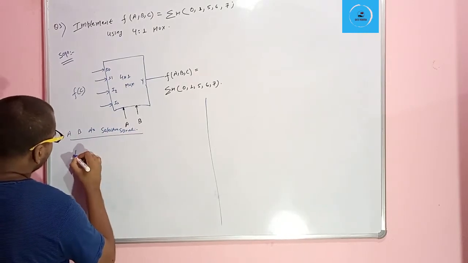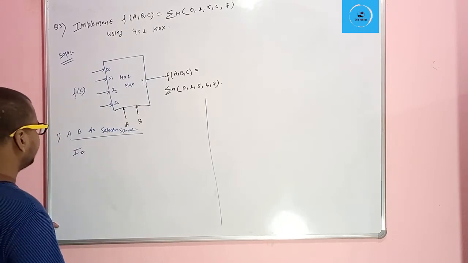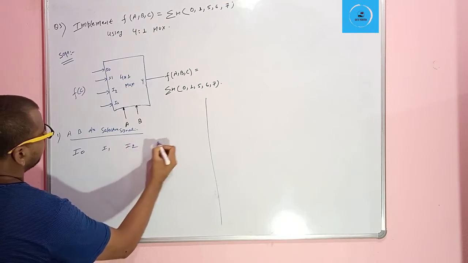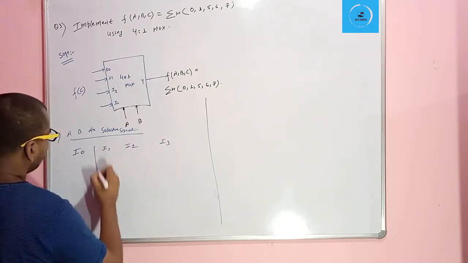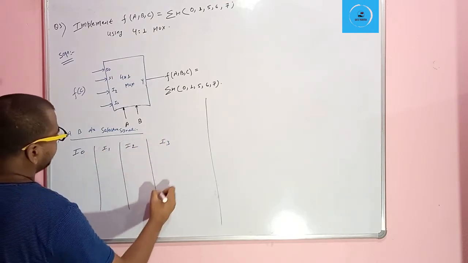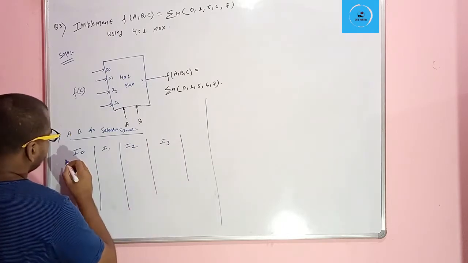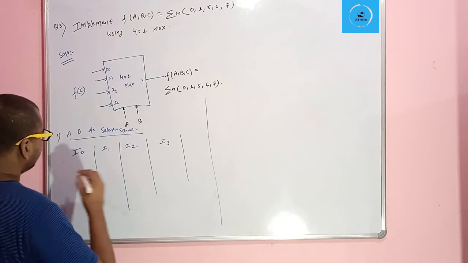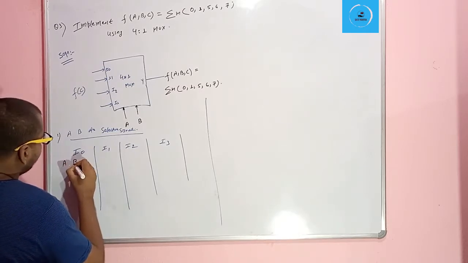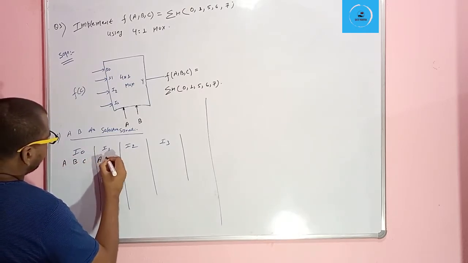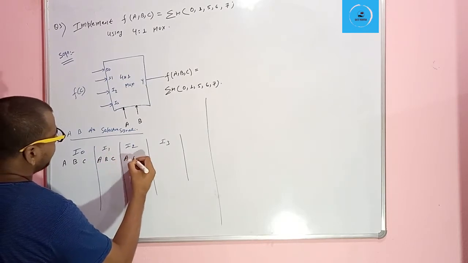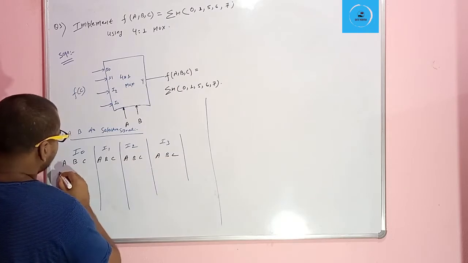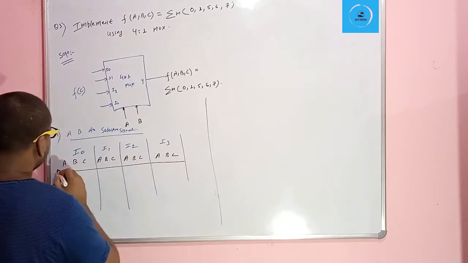So first we are going to write here I0, here I1, here I2, and here I3. Now we are going to divide it, and here we have written a, b and c, here a, b and c, here a, b and c, here a, b and c.